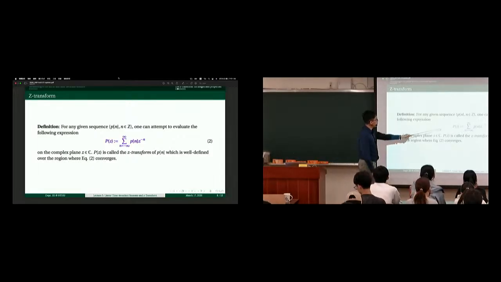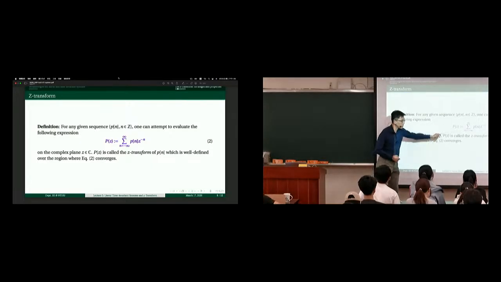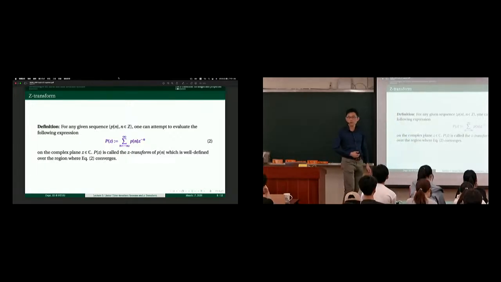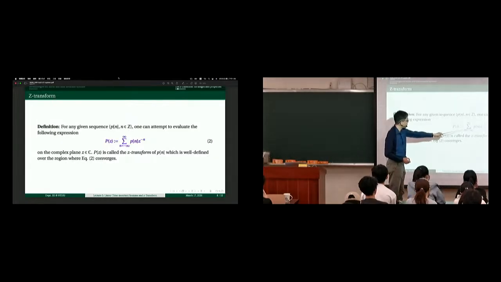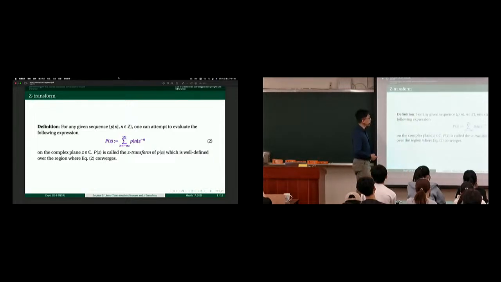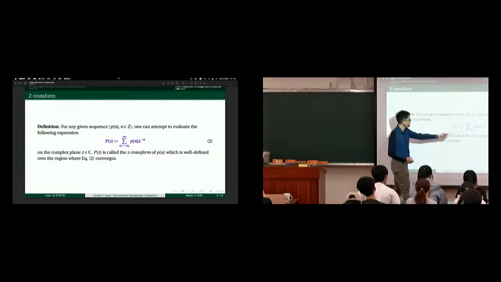Then the Z transform is defined as, when I use the colon right here, that means defined as, P(Z) is defined as this summation of P[n] Z to the minus nth power, there's a minus sign right here.